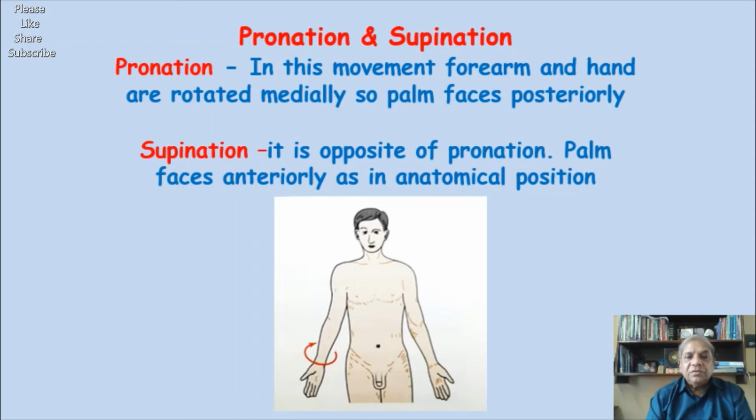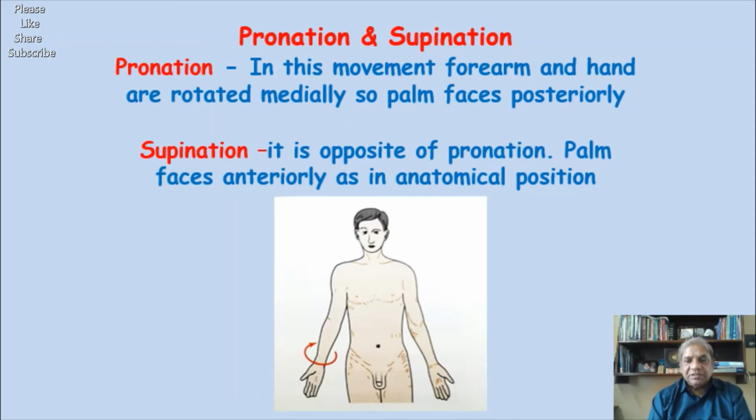You rotate the forearm, and the attached hand will also be rotated along with the forearm. When the front of the palm faces posteriorly by rotating it medially, this movement is called pronation.